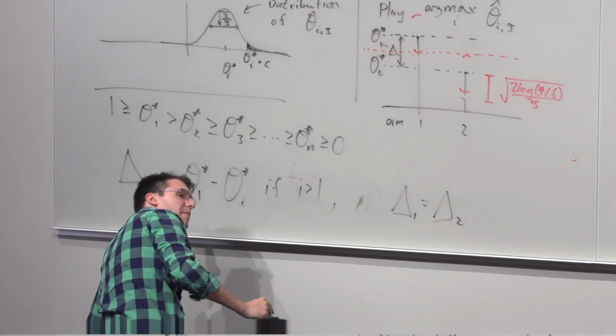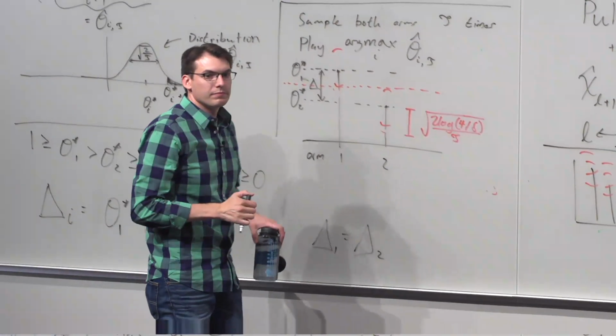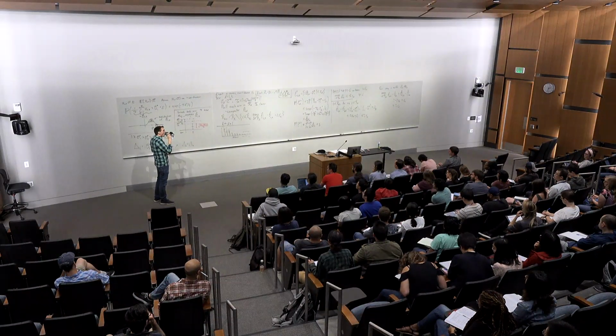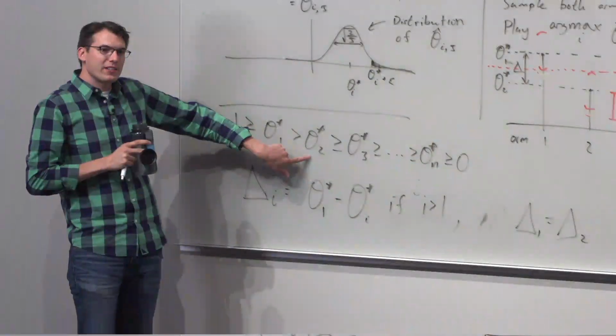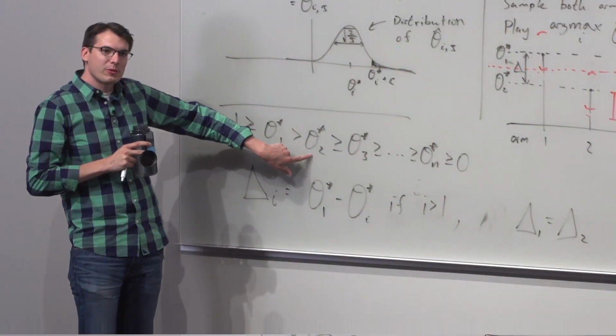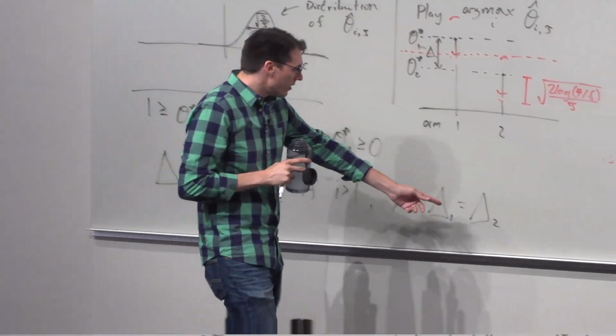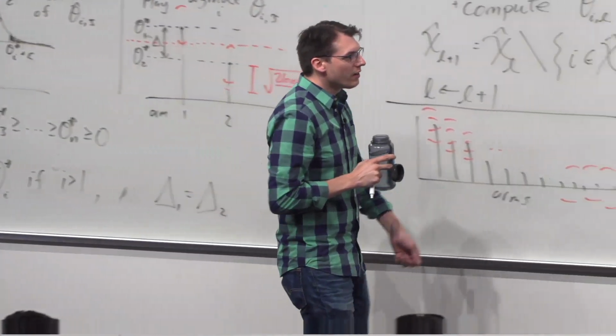It's the minimum gap. If the minimum gap is some constant, then how can you have it less than 8 epsilon L for all of them? Well, it's important that I made this assumption that there is some finite gap between the best and second best arm. So delta 2 is a finite number.